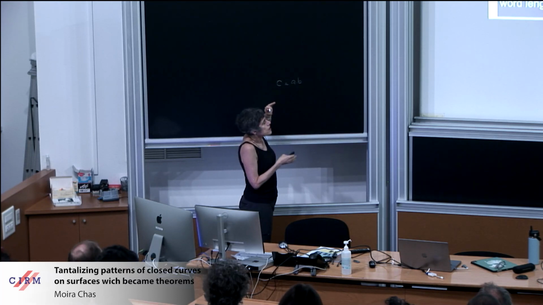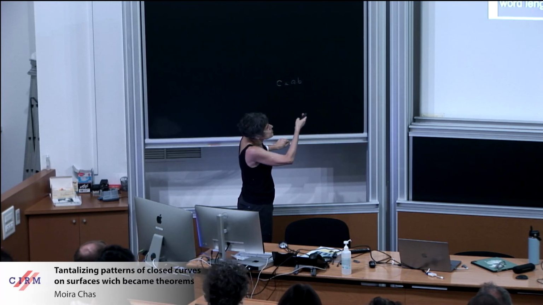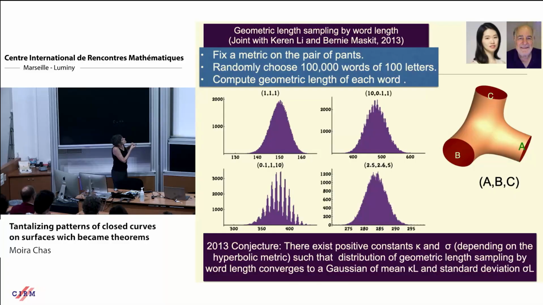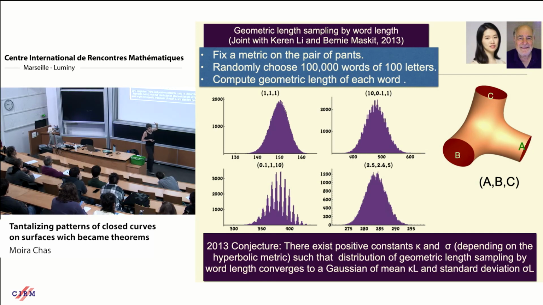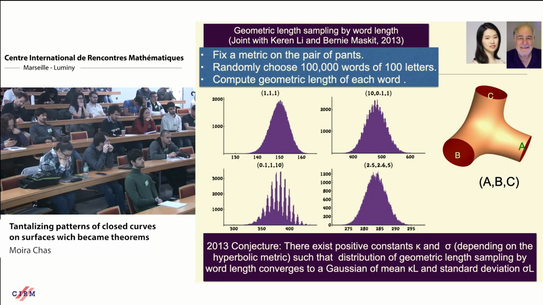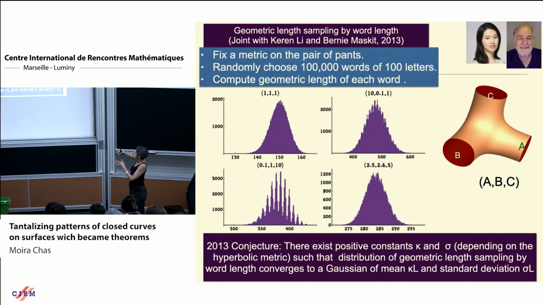That's the choice. Now, why do we have this wide variation that makes it not that clear that it goes to a Gaussian? Well, when you go to long enough words, and computing the length of already words of length 100 is time-consuming for my computer abilities. I cannot do more than 100 in a reasonable amount of time.